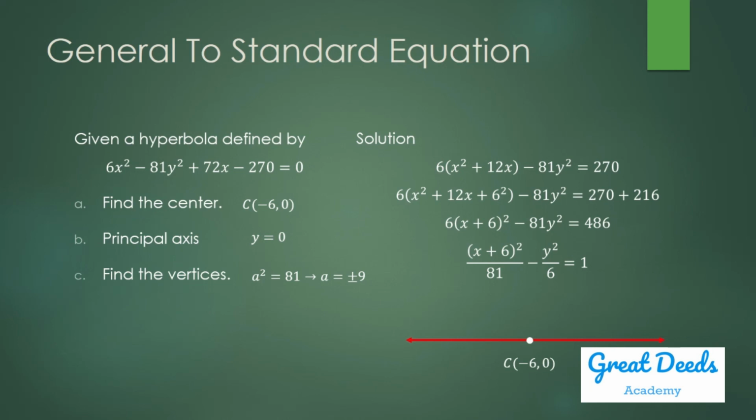So for one vertex, you will add -9, or subtract 9, or walk 9 steps to the left. And so one vertex has coordinates (-15, 0). And then you will walk 9 steps again, but to the right of your center. And so the coordinates are this one: -6 plus 9 is 3.